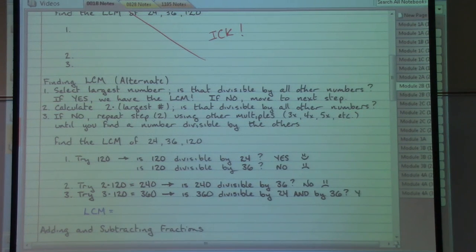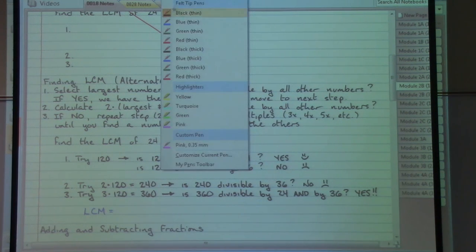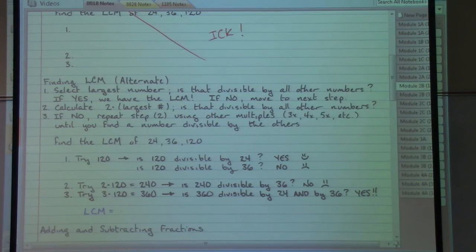And in this particular case, yes, it is. We have in fact found exactly what number we were looking to find. We would like to have the smallest number that will work with the 24, the 36, and the 120.